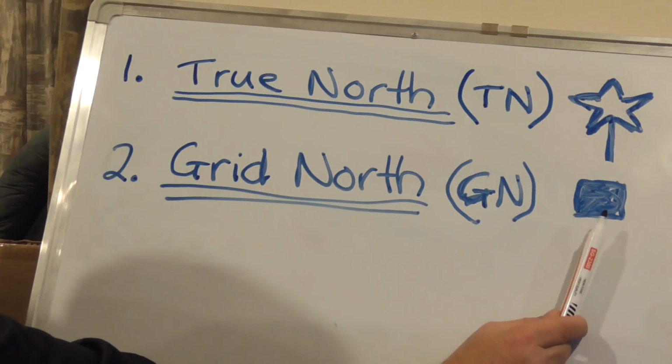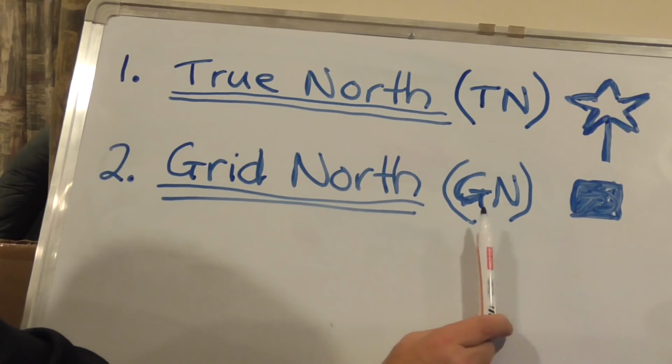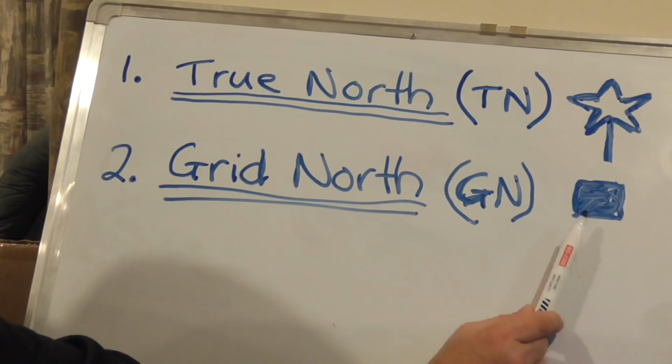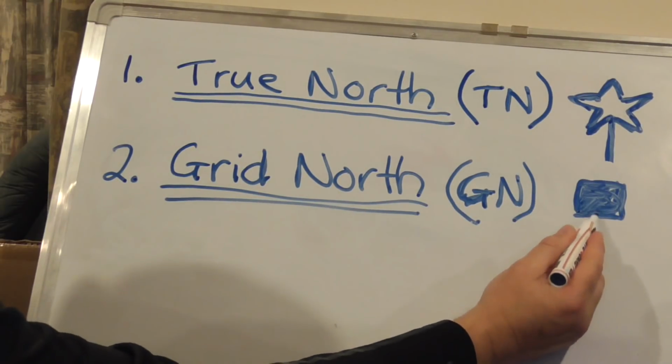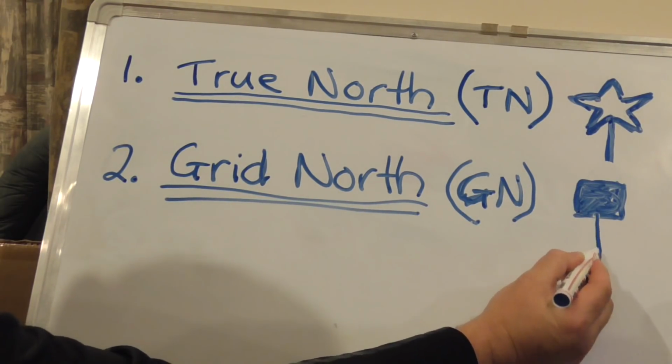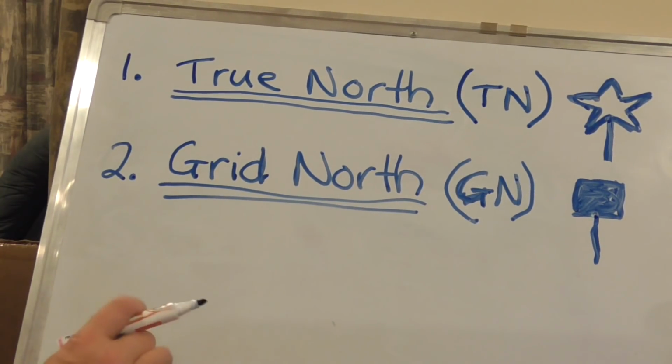For grid north, normally it is a square box, and sometimes they'll write GN, but they may change it. Sometimes they just have a line, saying that it's pointing towards grid north. Again, we'll get into that another time.